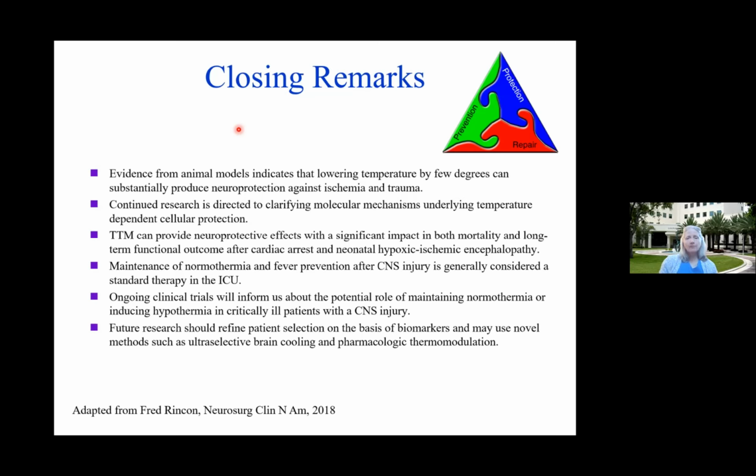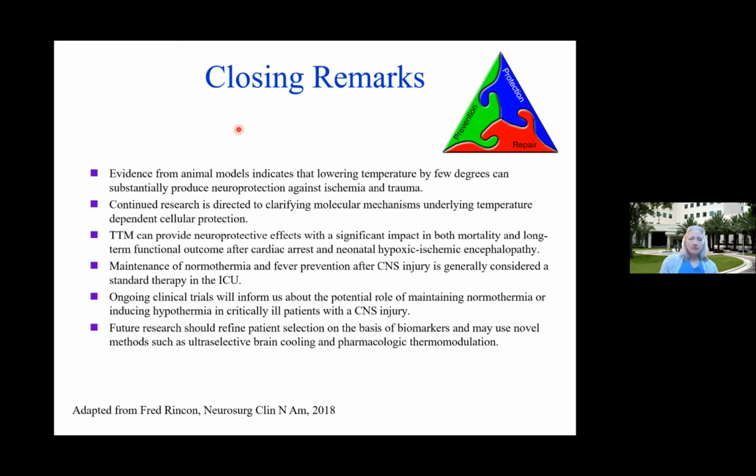in the laboratory. But I think we still need to continue the preclinical research, looking at molecular mechanisms underlying temperature-dependent cell protection. Obviously, targeted temperature management can provide neuroprotective effects. Hopefully, these are long-term clinically.